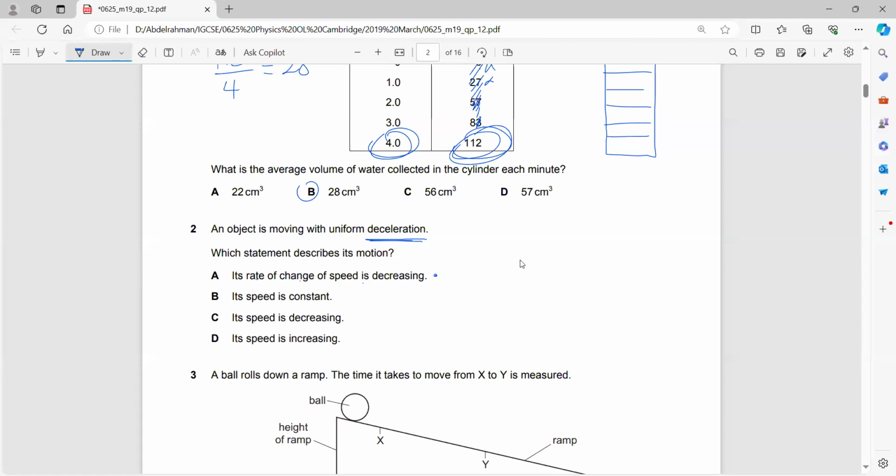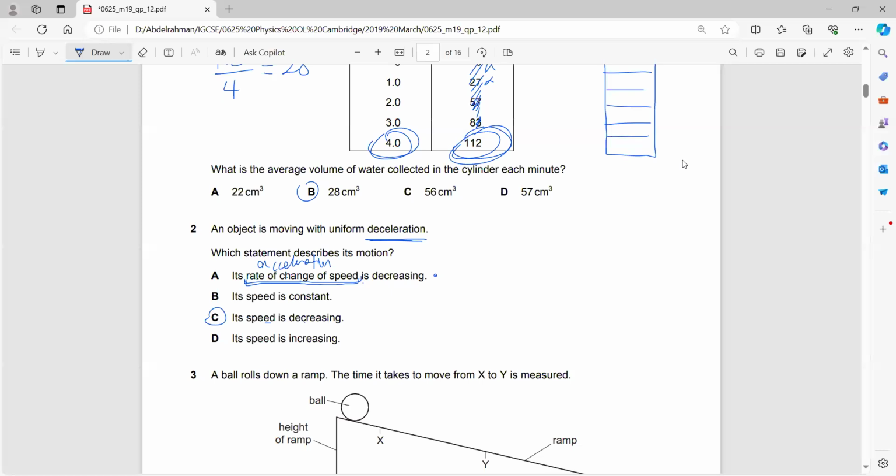A lot of you are actually saying C, which is the correct answer. The speed is decreasing. What does it mean, the rate of change of speed is decreasing? The rate of change of speed by itself means the acceleration or the deceleration.